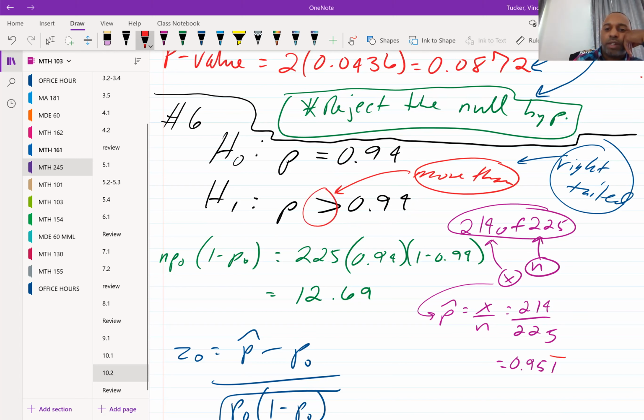So that's why I have greater than right here, because it said more than 94%. Any questions on the hypothesis setup? What a null hypothesis is and what an alternative hypothesis is. And then because it says more than, that means our test is right tailed.